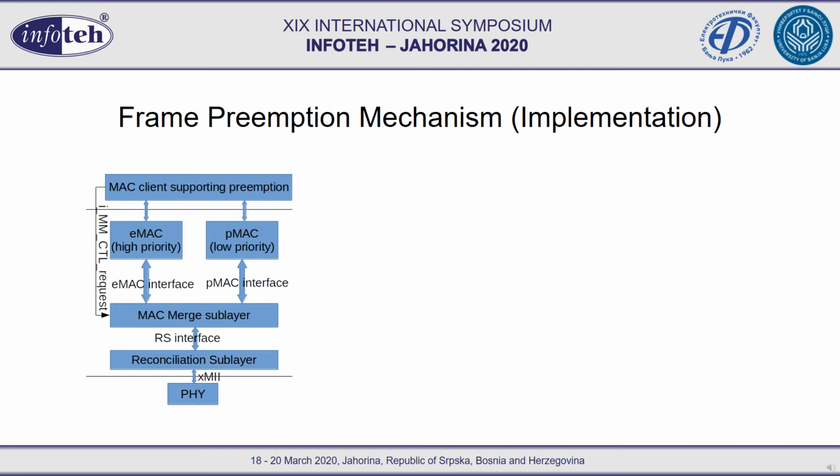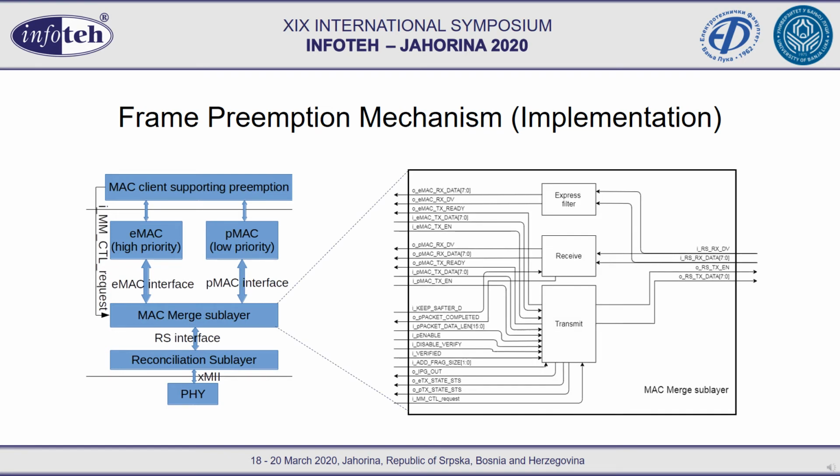So this is our main diagram for our implementation. We are focused actually on MAC merge sublayer or MMS. Here we can see how it is structured. So our implementation of MAC merge sublayer is structured into express filter, which is used to differentiate between preemptible and express traffic, and receive and transmit modules, which are responsible for preempting and merging already preempted frames.